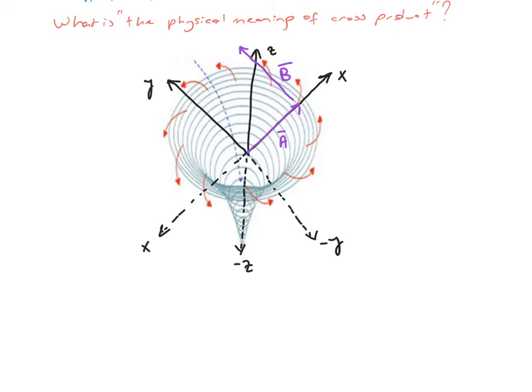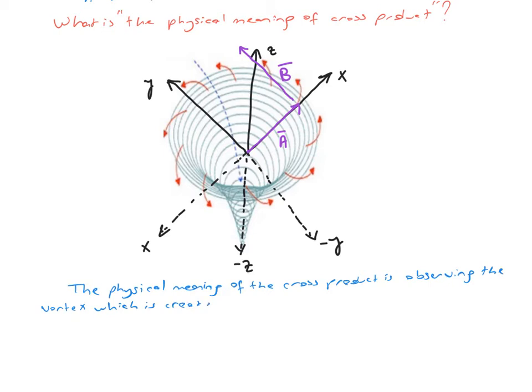The physical meaning of the cross product is observing the vortex which is created by vectors A and B. And the area of the vortex is getting bigger in the direction which is perpendicular to the surface containing vectors A and B.